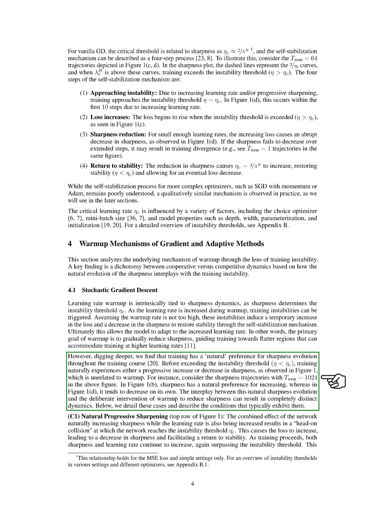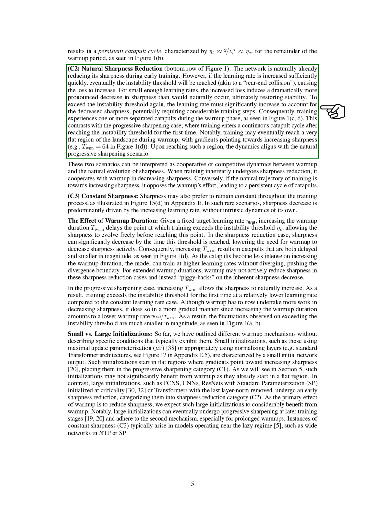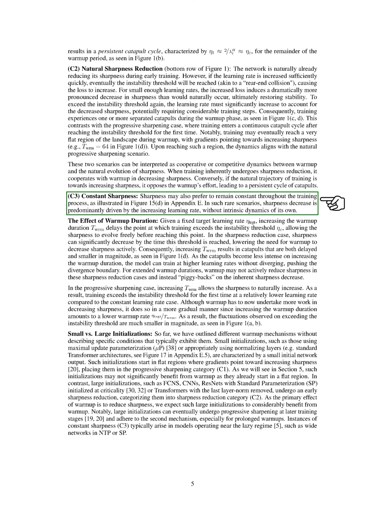In the progressive sharpening case, the network naturally increases sharpness while the learning rate is also increasing, leading to a cycle of instability and stability. On the other hand, in the sharpness reduction case, the network is already reducing sharpness, and increasing the learning rate can cause instability, requiring more training steps to restore stability. There is also a scenario where sharpness remains constant throughout training.